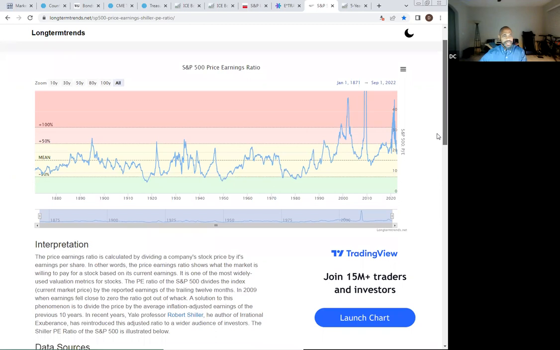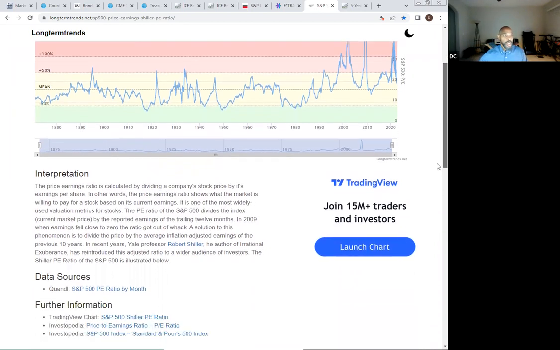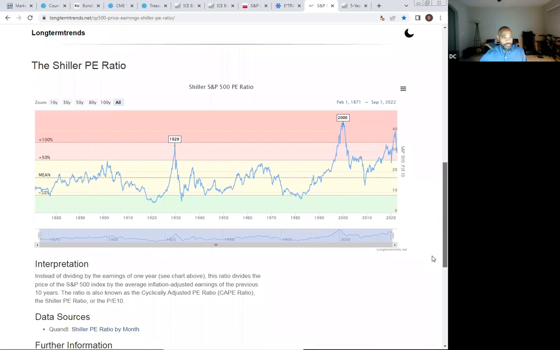People are always like, buy stocks, stay invested, yada, yada, yada. But if you're buying too high, then it's going to take you significantly longer to get a higher return. So the Shiller PE ratio, I'm not sure everybody's familiar with that, is a cyclically adjusted PE ratio.